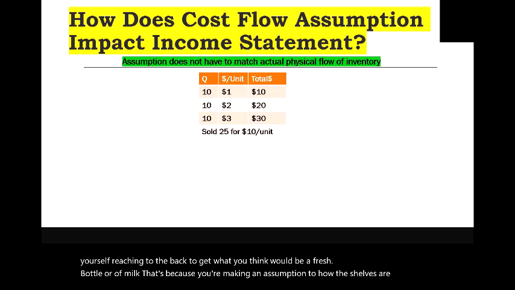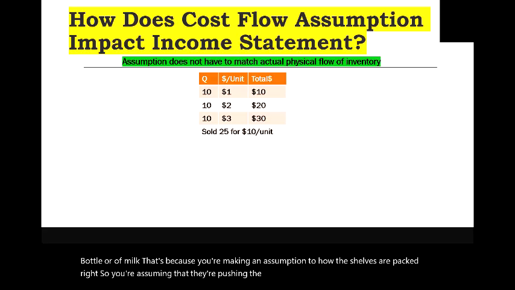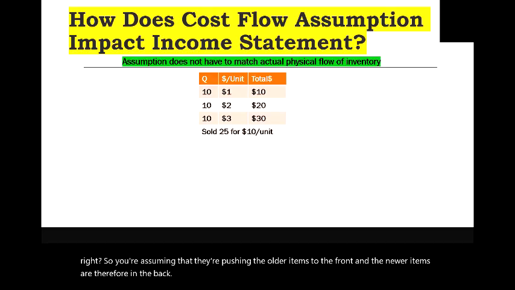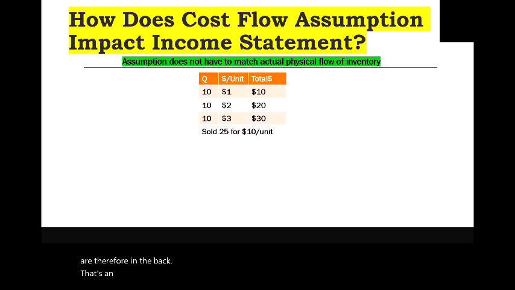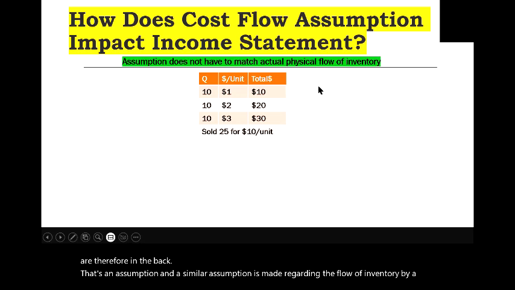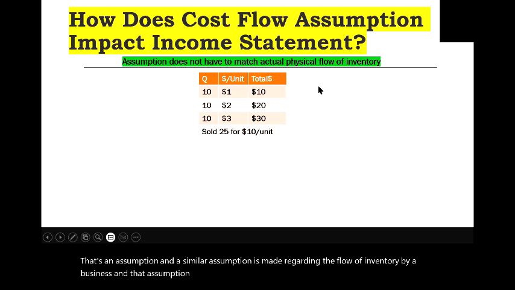So you're assuming that they're pushing the older items to the front and the newer items are therefore in the back. Well, that's an assumption. And a similar assumption is made regarding the flow of inventory by a business. And that assumption is not necessarily the same as the physical flow of the inventory.